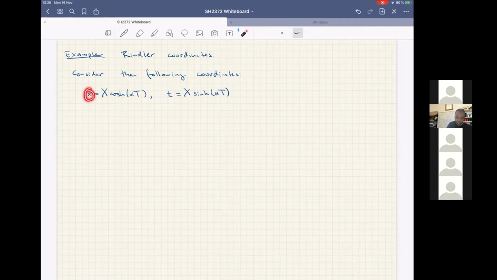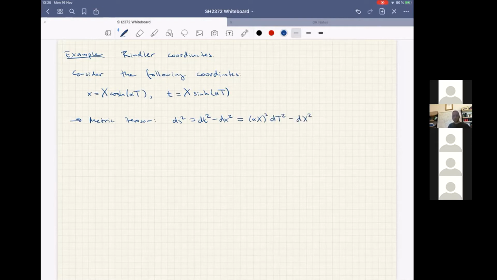I'm now changing them from the Minkowski coordinates x and t to the new coordinates capital X and capital T. And if I do this, the metric tensor is going to be given by the line element ds squared, which in Minkowski space is dt squared minus dx squared. And if we perform this computation, what we end up with is alpha squared x squared dt squared minus dx squared.